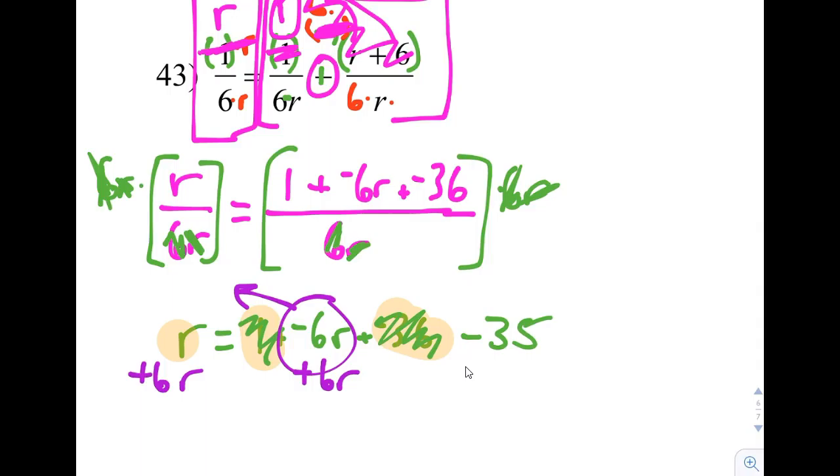Or if that seems like voodoo magic to you, just add 6r, because that's really what we're doing. So we have 1r, remember r and 1r are the same thing, so 1r plus 6r is 7r, equals positive 6 and -6 go to 0, and on the other side we have -35.